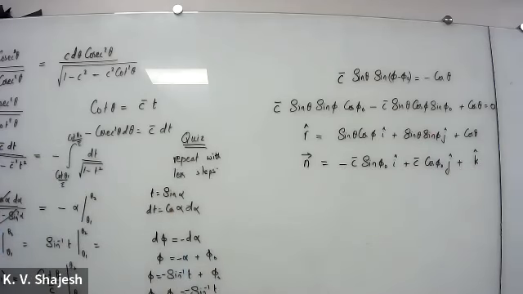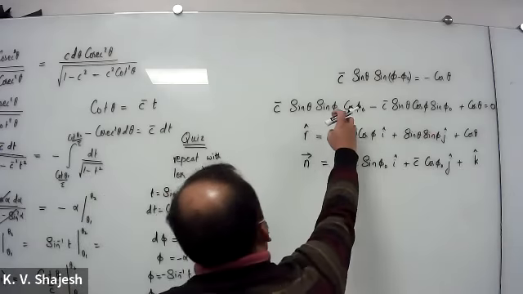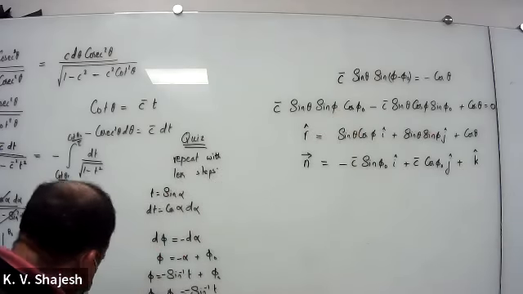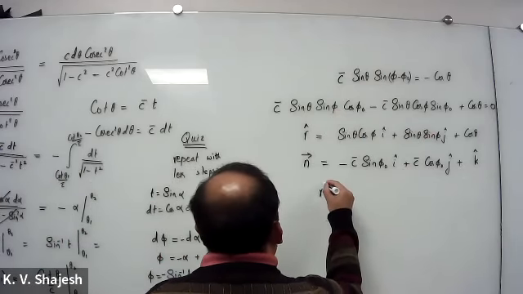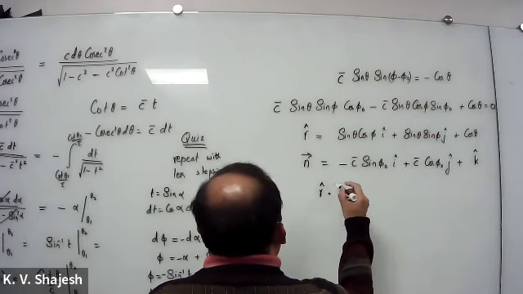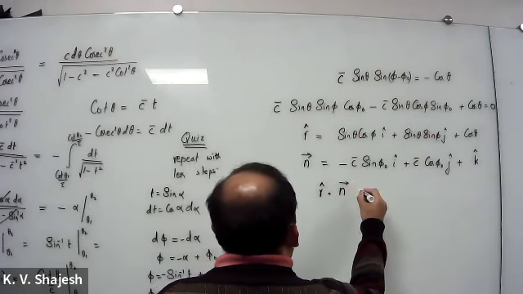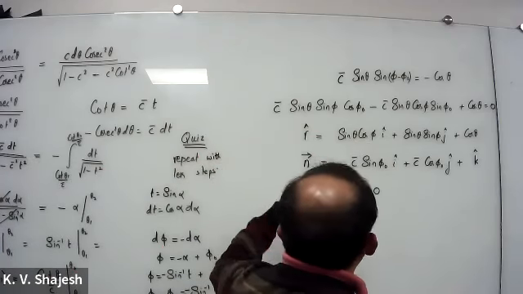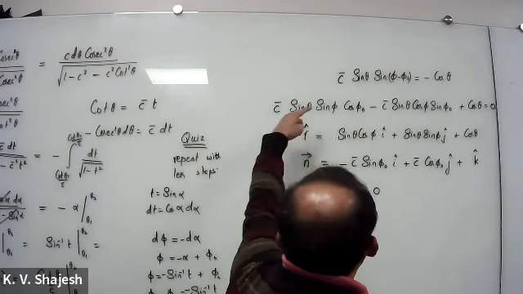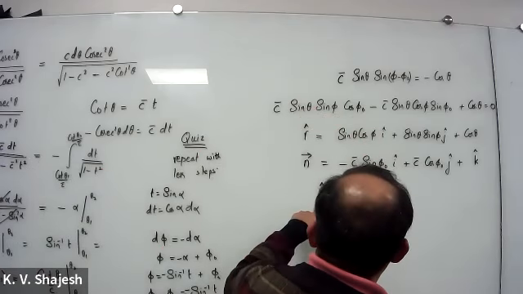If you notice this statement, which is the statement of this equation, this function is basically saying that r̂ dotted with n is equal to 0. Which means that this is an equation of a plane, right?